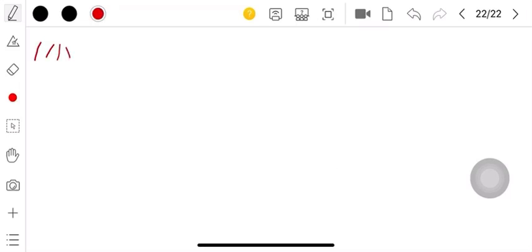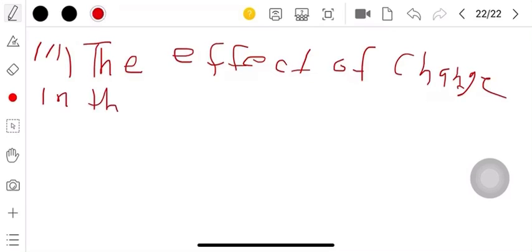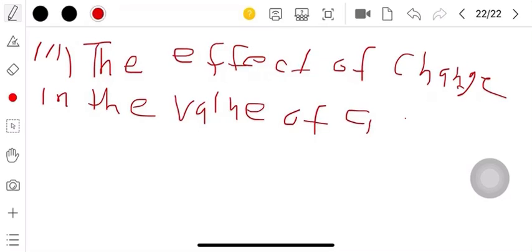Second part, the effect of change in the value of C1 to 5.